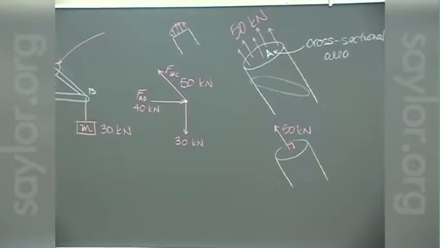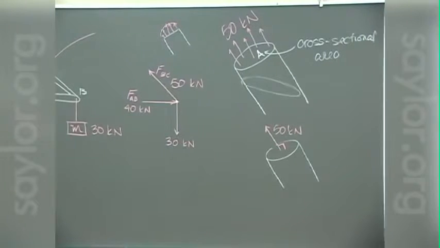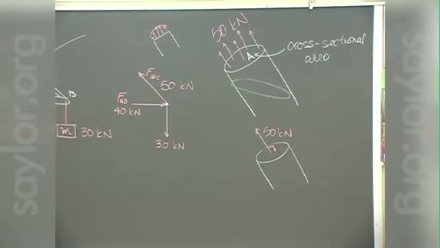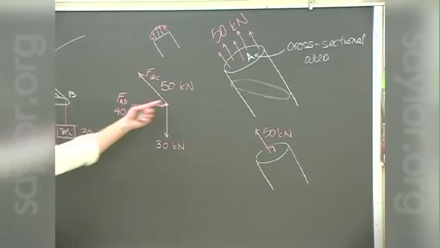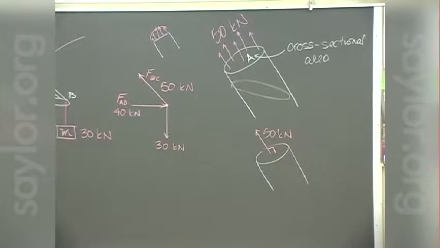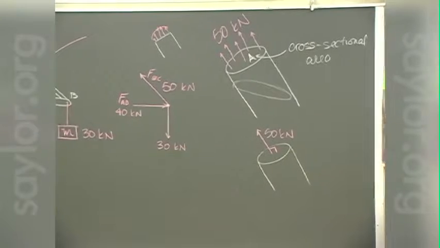We're going to find out that's very, very important, because when some of these things fail, they fail not at a direction perpendicular to their own axis, but at an angle off that axis. And you've seen some of this kind of thing before. When pieces fail, they don't fail in a nice cut across the piece. They fail at some angle across the piece itself. So you've seen this kind of thing before.